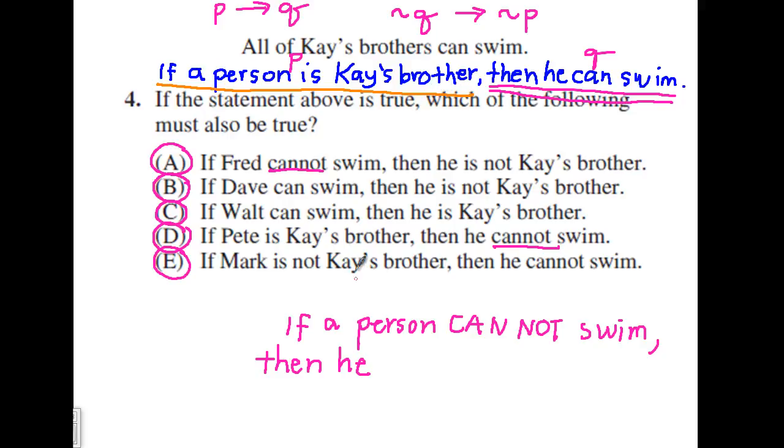The negation of that is he is not K's brother.